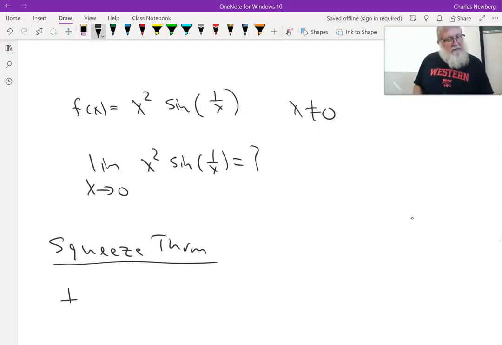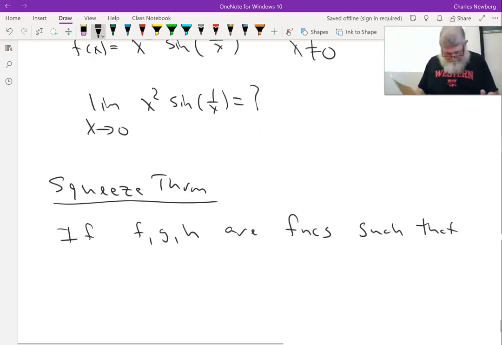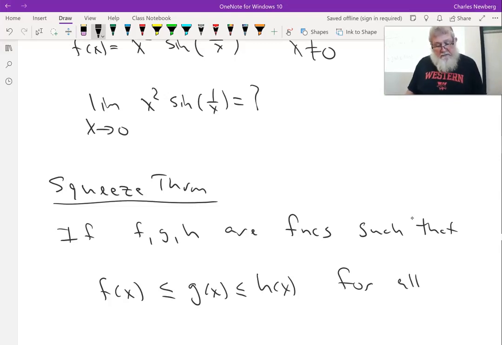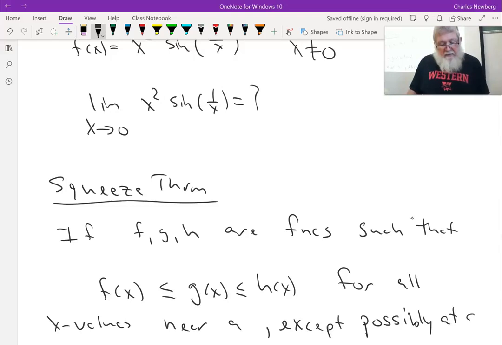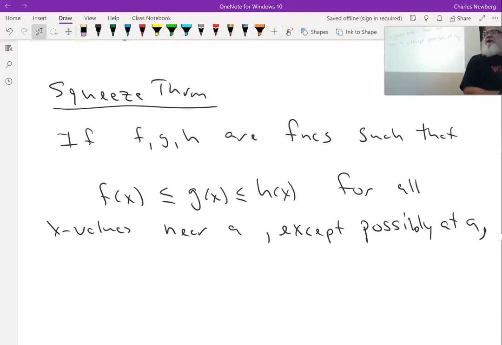If f, g, and h are functions such that, so we got 3 functions floating around, f, g, and h. f of x is less than or equal to g of x is less than or equal to h of x for all x values near a except possibly at a.